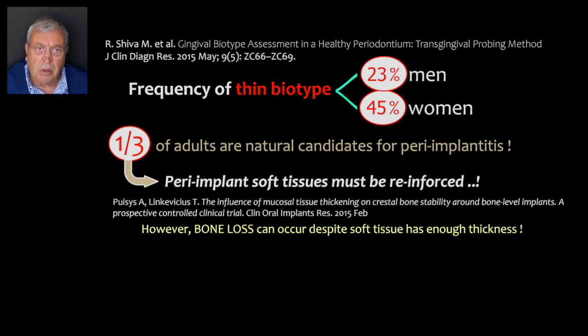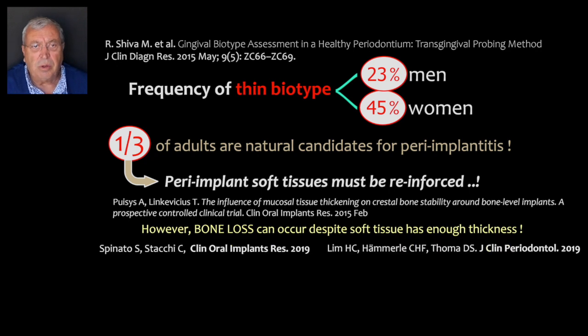However, bone loss can occur despite tissue having enough thickness, because when the implantation is made with too much torque, when the tension stays, we will lose the bone. And this is what was published by Claudio Stacchi and the team.